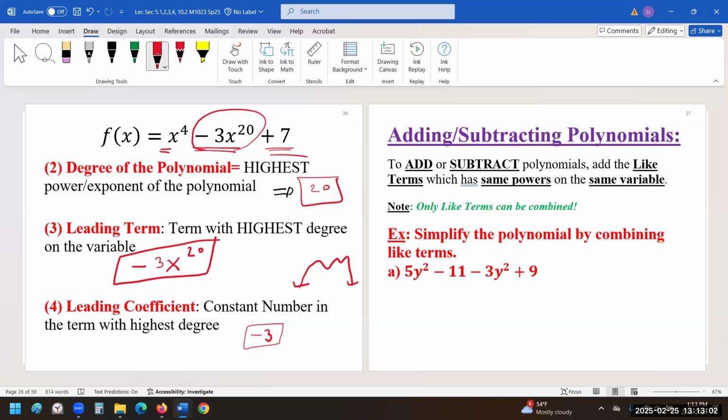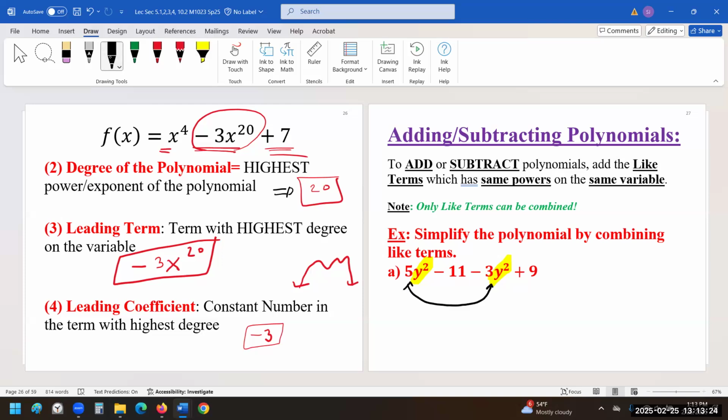Combine 5 and 3, because they both have y squared. Same variable, same degree. That's how we add and subtract. We look at the variable. If we have the same variable at the same degree, they are like terms. So you combine them.